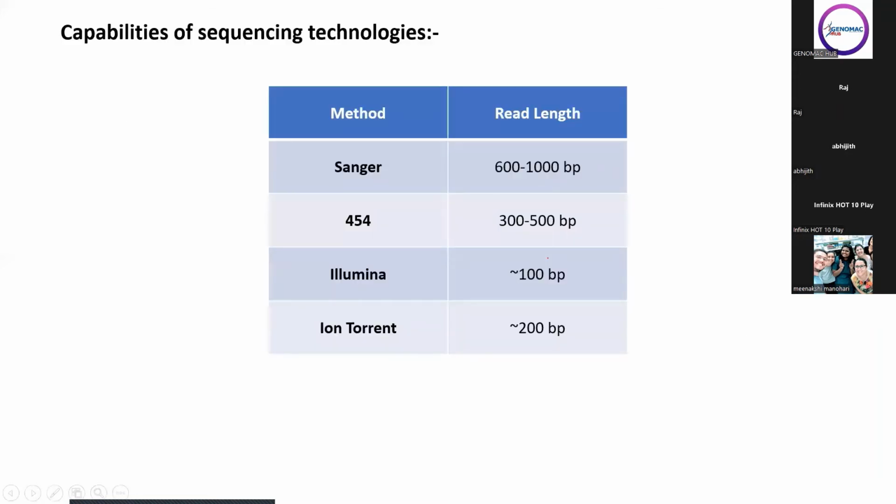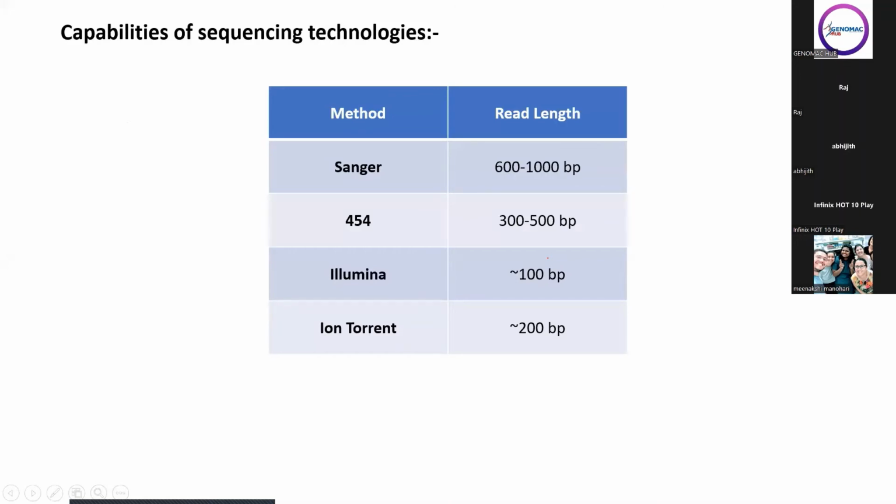If we talk about the capabilities of these sequencing technologies, Sanger can read the sequence from 600 to 1000 base pair. 454, this machine can read around 300 to 500. Illumina can read around 100 base pair. Ion Torrent can read around 200 base pair.